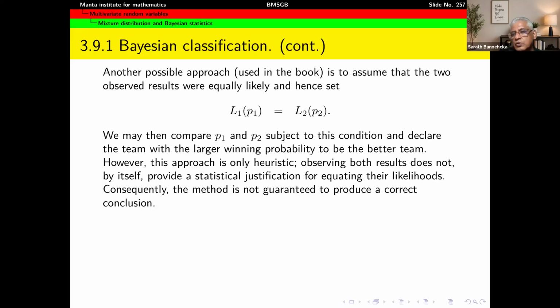So it seems that the book is saying that both have happened already for these two groups, so why not consider they have equal likelihood? That is the kind of argument underlying this mathematical expression here, right? So anyway, even though it's not very justifiable, because it's the method that the book has explained, let us look at that method.